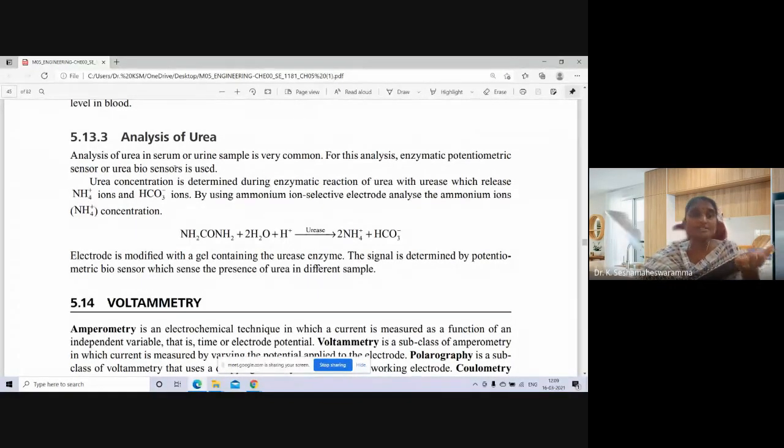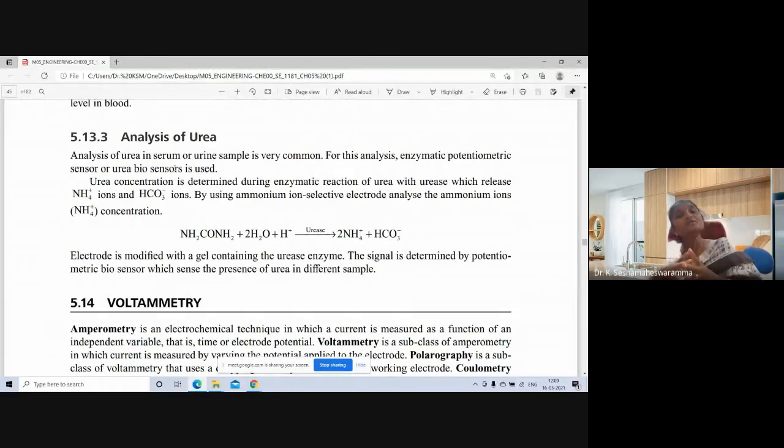If urea in the blood serum is high, that is highly toxic, because our kidneys have failed to filter. So for dialysis patients, urine samples are analyzed for urea, to see how much is going out or not.